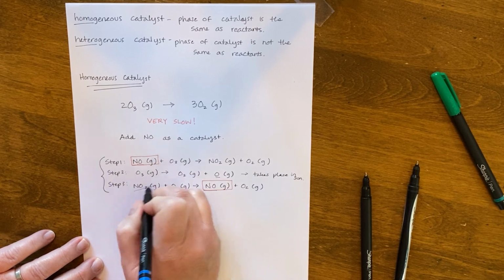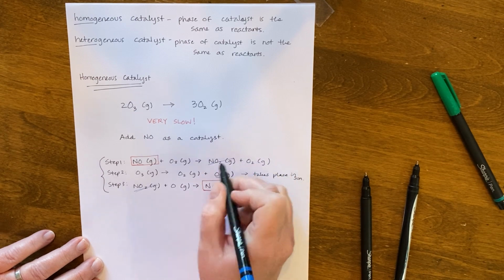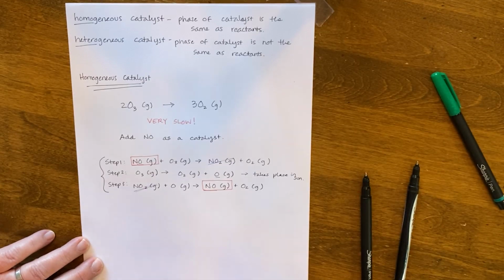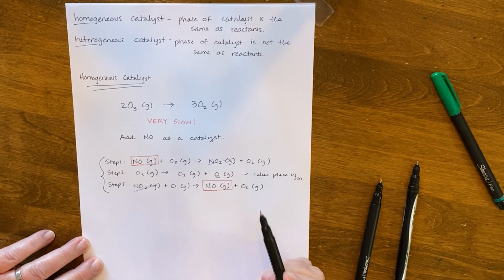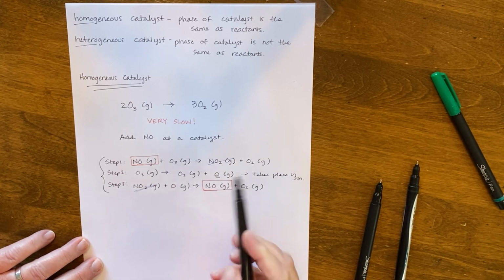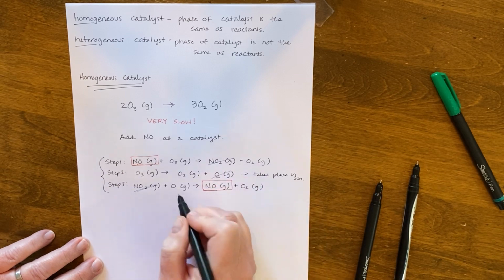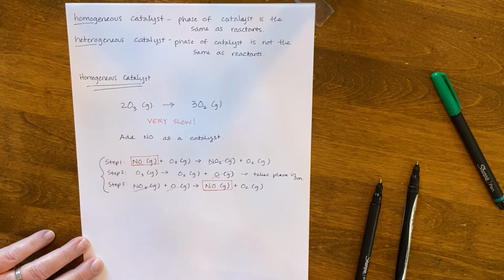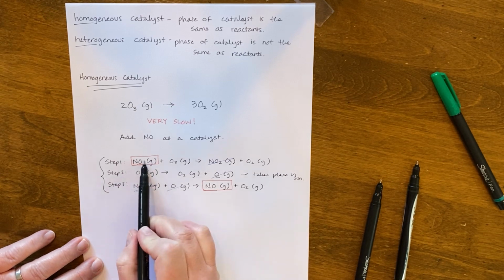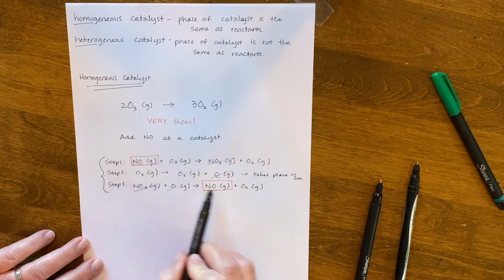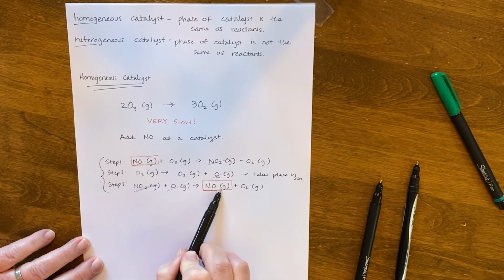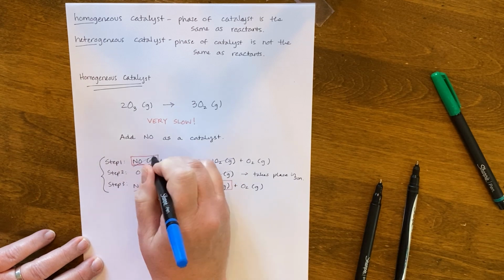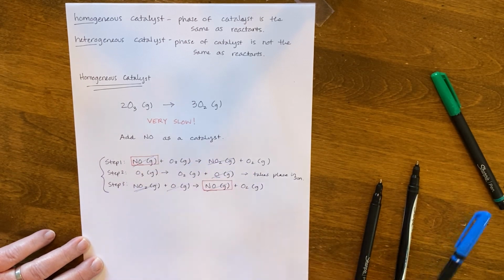So we made it and then we used it up. The same thing with just our oxygen. Here we made the oxygen, but then we used it up. And again, we added nitrogen monoxide, but in the end, we still had the same amount of nitrogen monoxide left over, so it netted 0.